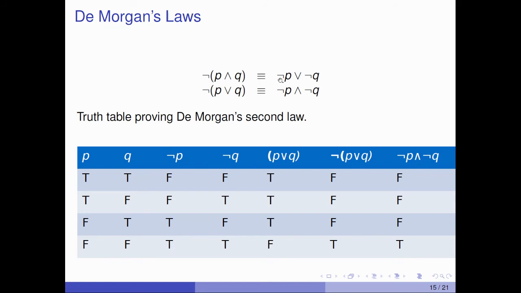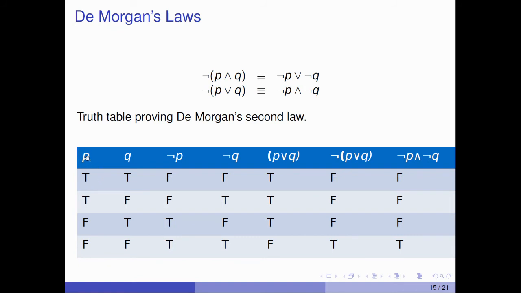Take a look at this. What are involved here? You have not P, not Q, and these two. You have P, this is the truth value for P, TTFF, and for Q, TFTF. These two already exhaust the possibilities for P and Q. Of course, remember if you've got three propositions involved, to exhaust all possibilities you need 8 rows.